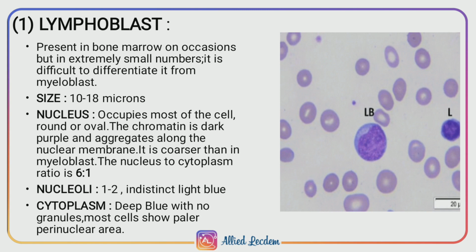Cytoplasm appears deep blue with no granules, and most of the cells show a paler perinuclear area, that is, the surrounding area of the nucleus looks paler than the other area. Here, the blood picture shows the lymphoblast cell, which is denoted as LB, and the lymphocyte, which is denoted as L.